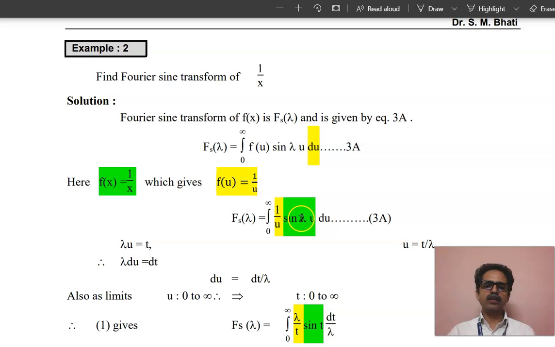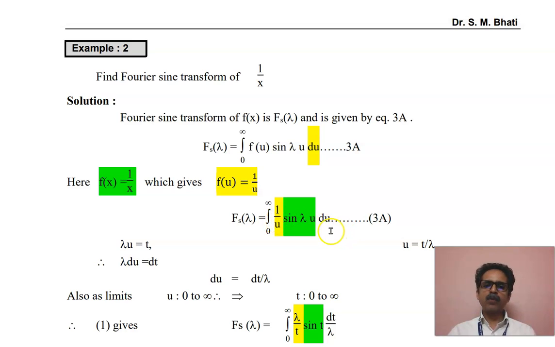Now to evaluate this integral, we have to make a substitution. We put lambda u as t. That means we are converting the variable u to t, because for this integral lambda is a constant and u is the variable of integration.